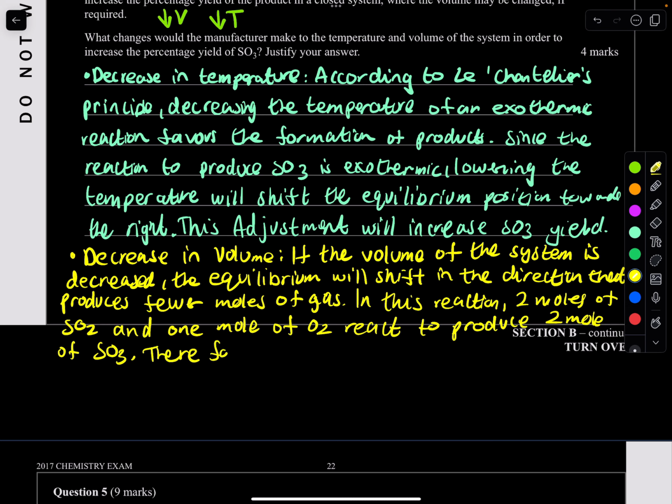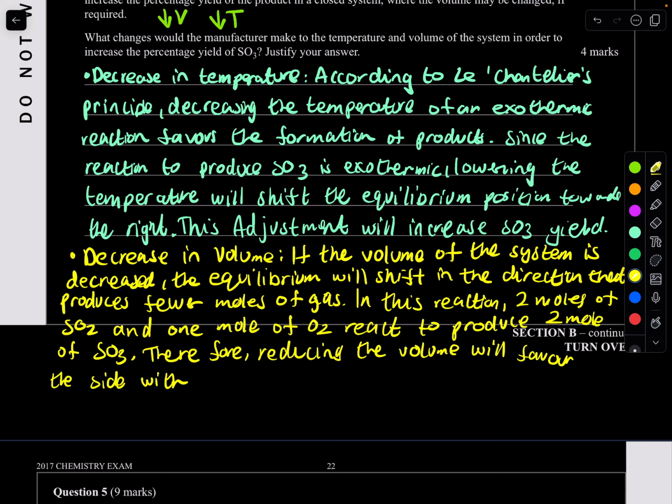Therefore, reducing the volume will favor the side with fewer moles of gas, which is the side of SO3 gas.